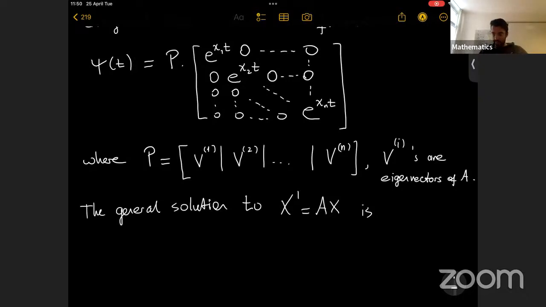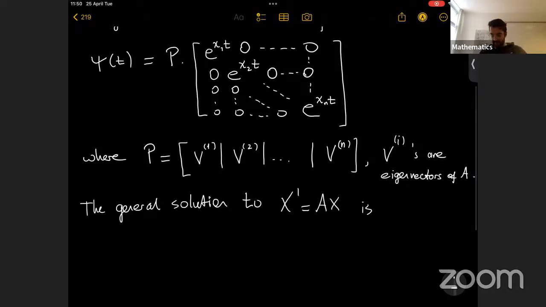So the general solution of the system is basically the linear combinations of the columns of the fundamental matrix.